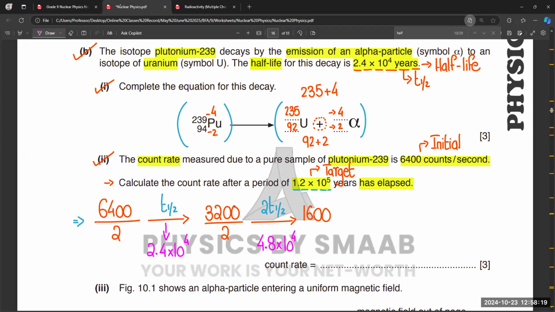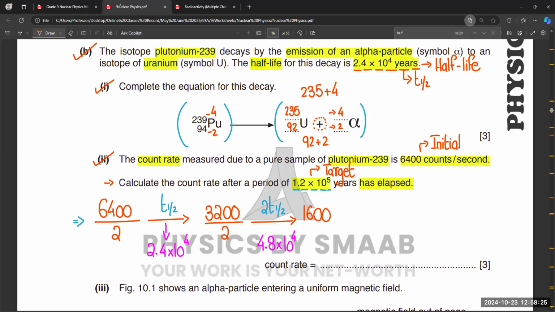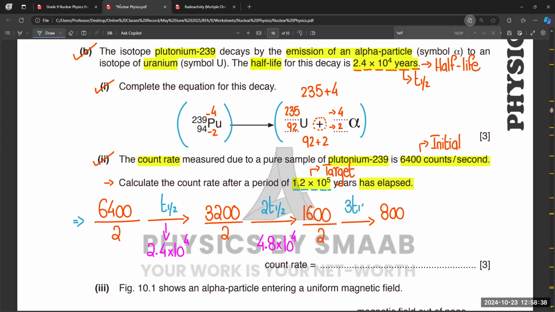Because our targeted value is 1.2 exponent 5, it means we need to perform one more half-life. If we perform one more half-life, it will be equal to 800. So this is the third half-life. And what about the time?